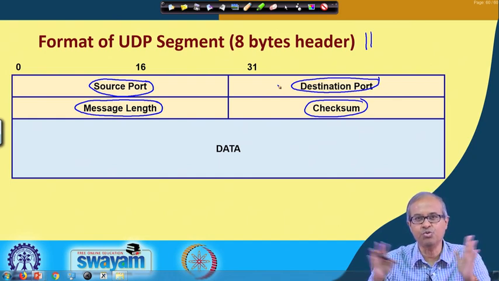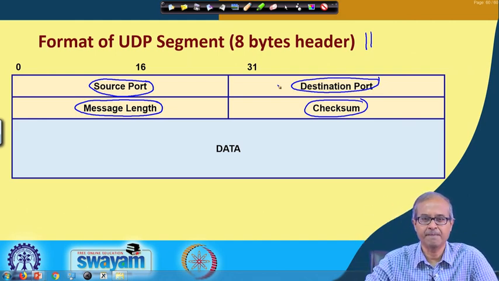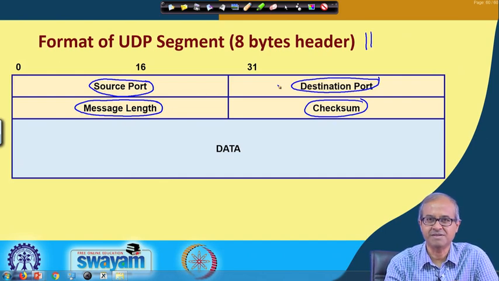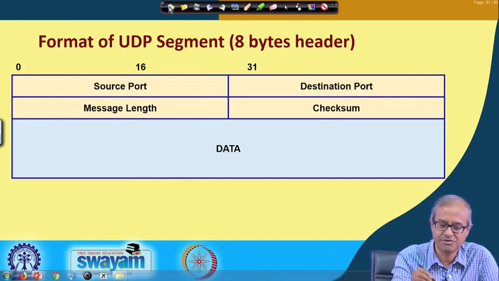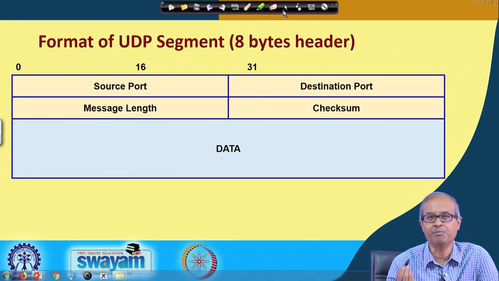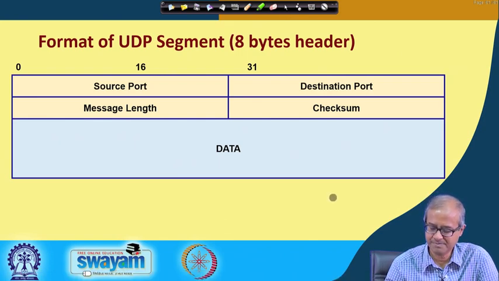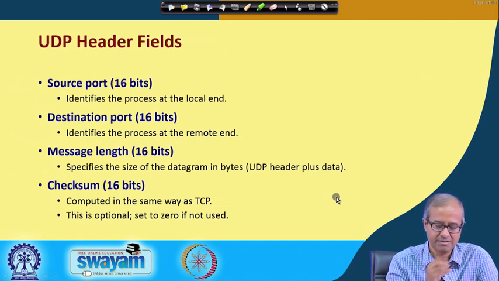For UDP there is no question of connection establishment, you just send the data packet, it will be routed and go. UDP is faster in that sense. So, there are many applications where you prefer speed to reliability. So, these are the 4 UDP header fields I already mentioned, right.